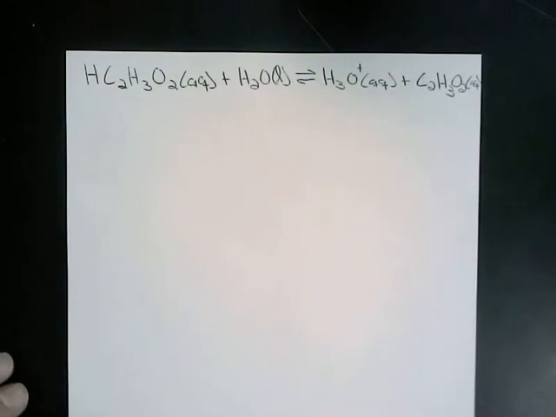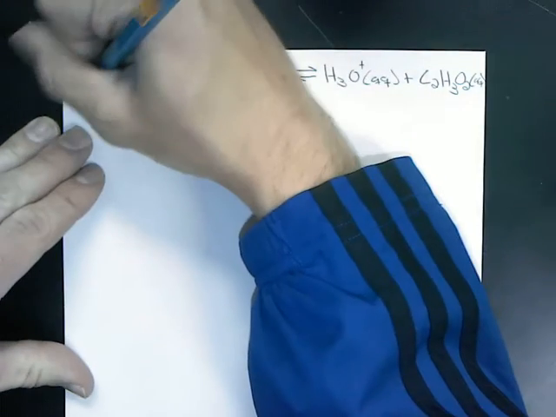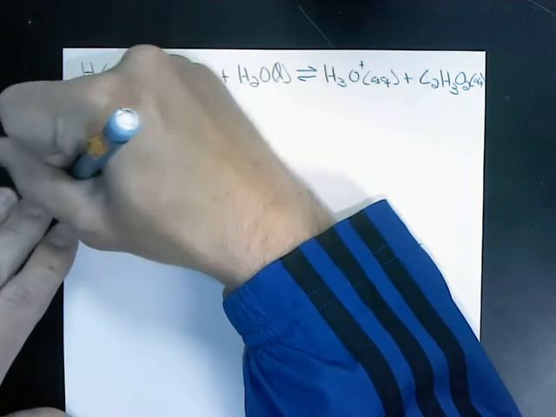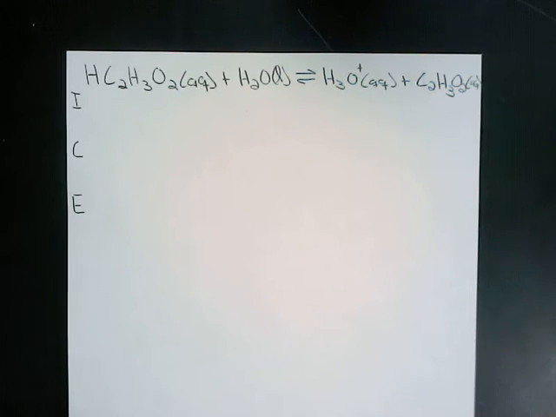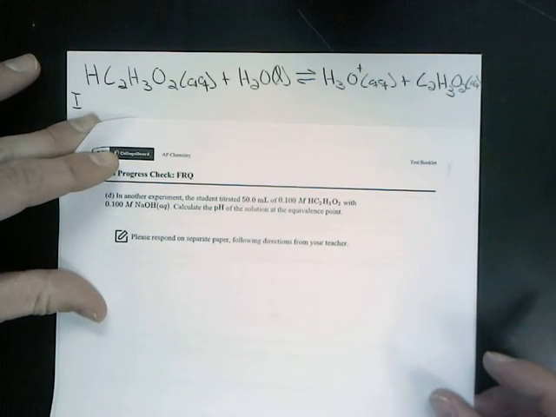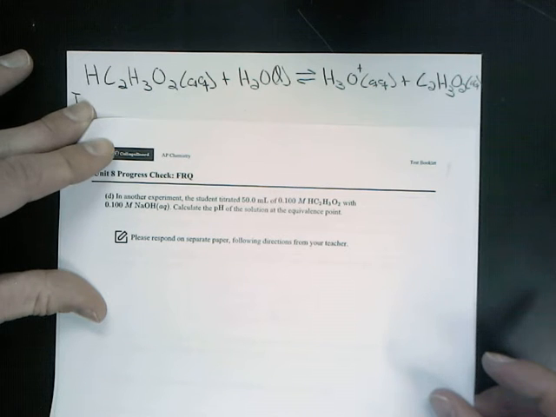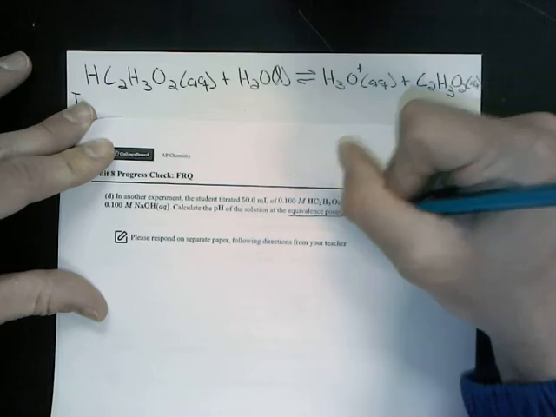And what we have to be aware of is what's happening as we go through our titration. Well, here is a key word, okay? What we did is we titrated to this equivalence point.